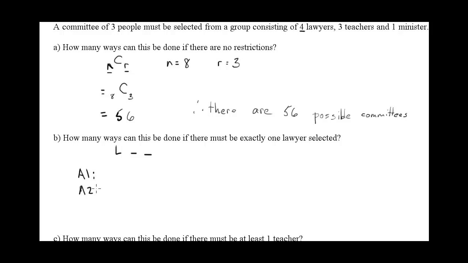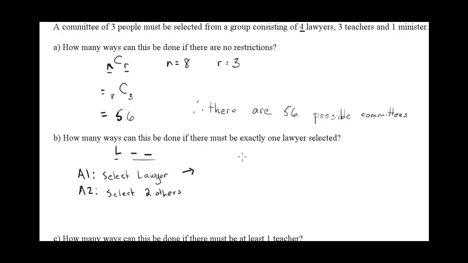So action 1, you must select a lawyer. And then action 2, you must select the 2 others. So these are the 2 others. This is the lawyer.